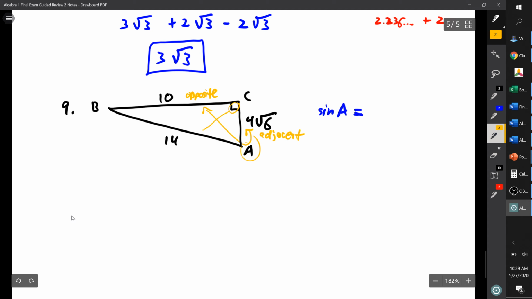Opposite the right angle is the hypotenuse. Sine of an angle is the ratio of opposite to hypotenuse. So opposite over hypotenuse is going to be 10 over 14, which simplifies to 5/7.